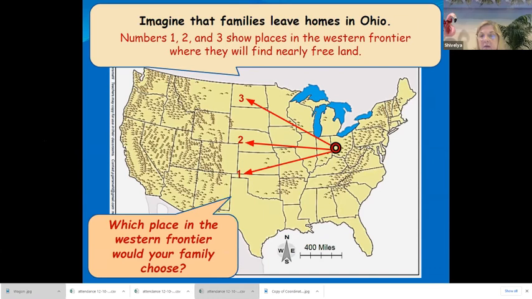So then, you can do it a couple of different ways. I usually had the groups roll the dice, and it was kind of a random pick of which location they were going to, 1, 2, or 3. And so this is when things are starting to get a little bit more ramped up.